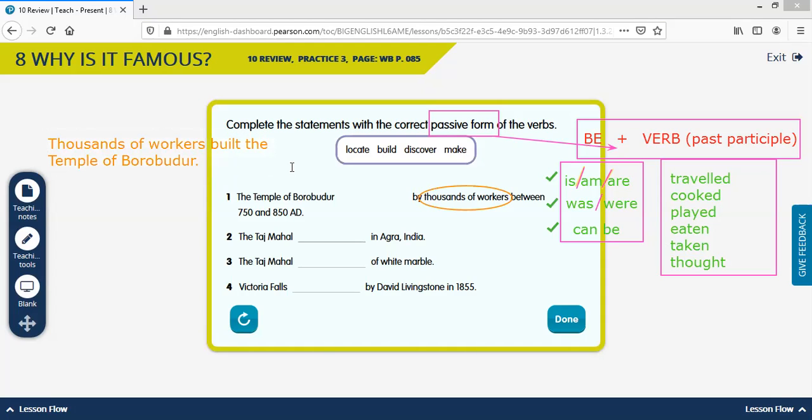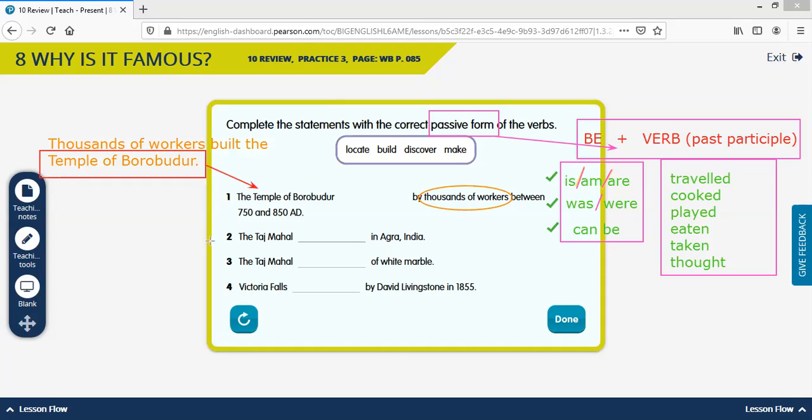That's the original sentence. But when we use passive voice, we're going to focus, okay, we're going to give priority to the object that was affected, okay? That's why we make the change and we have it as the new subject. And we say, okay, the temple of Borobudur, and we're talking about building, okay?